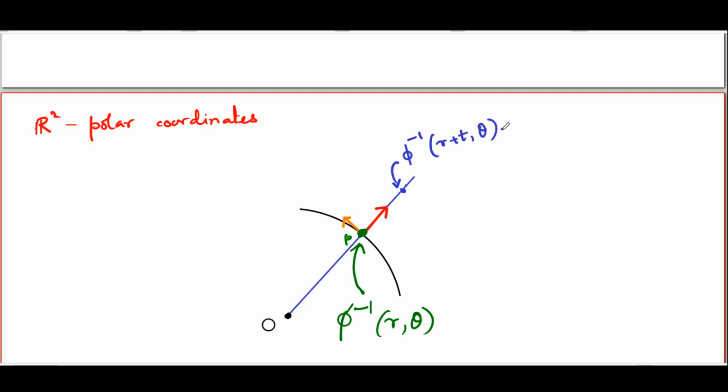Once again, the geometry is very clear. R is going to increase by t, so you're moving radially outwards. Of course, t could be negative, which would mean that you would be somewhere closer to the origin than the point P. As t changes from negative to positive values, you move along this line, and in particular at t equal to 0, you are at the point P.